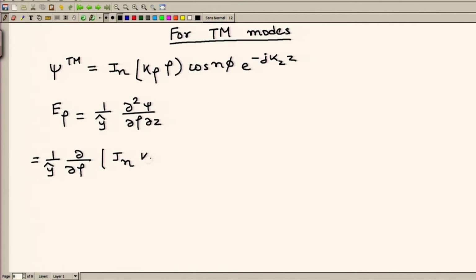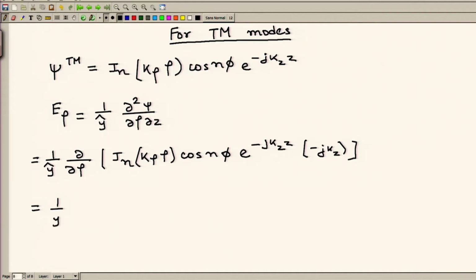So, we will have Jn k rho cos of n phi e to the power minus j k z z, times minus j k z. So, this will give us 1 upon y cap.